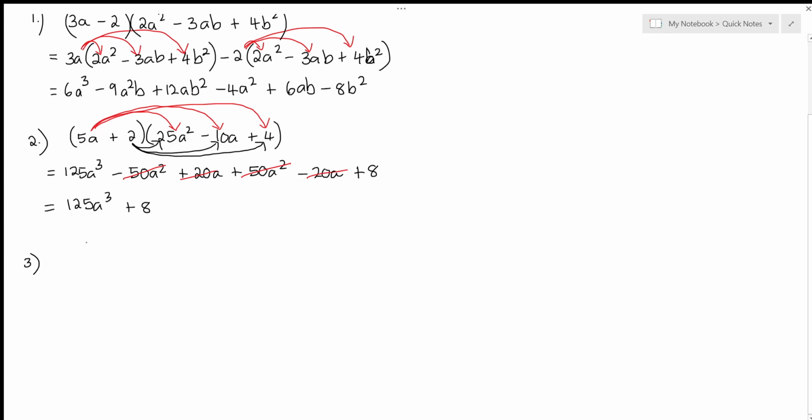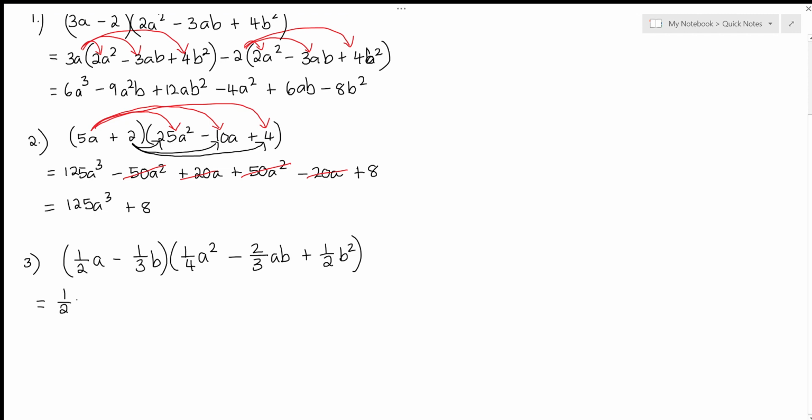Now we will look at another example. Here we have fractions: a half a minus a third b, and the next one is a quarter a squared minus 2 over 3 ab plus a half b squared. I think we'll split it up so that it makes it easier to work out.